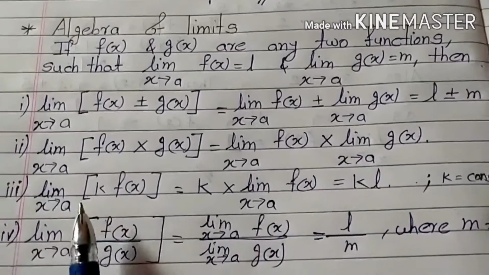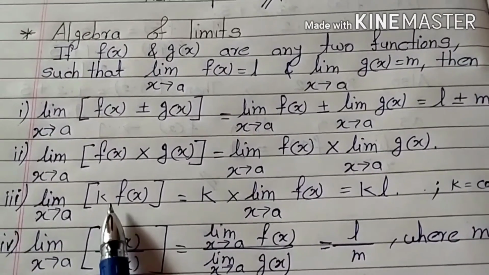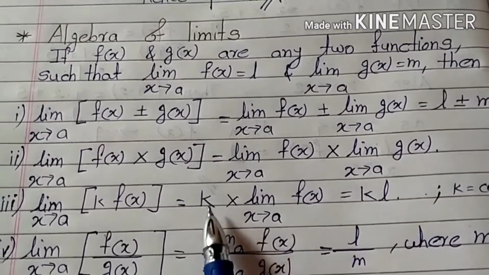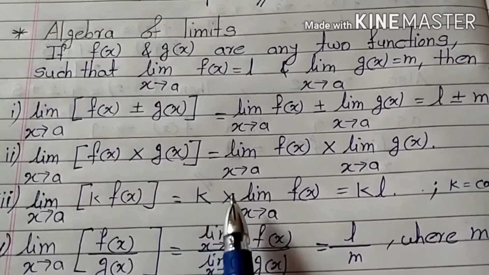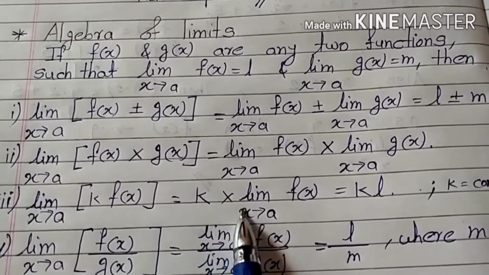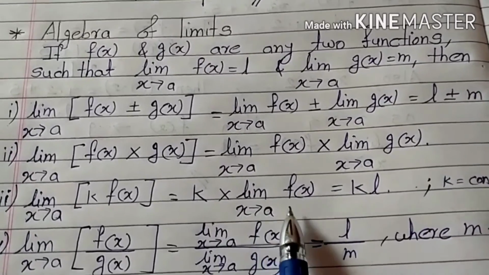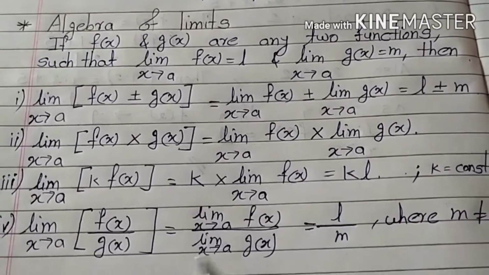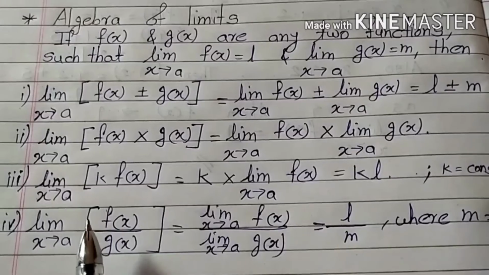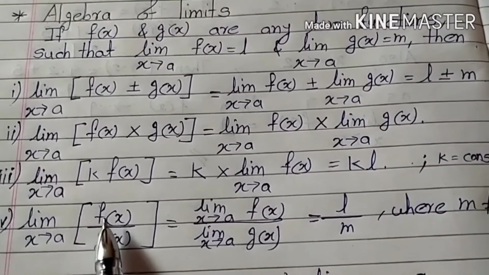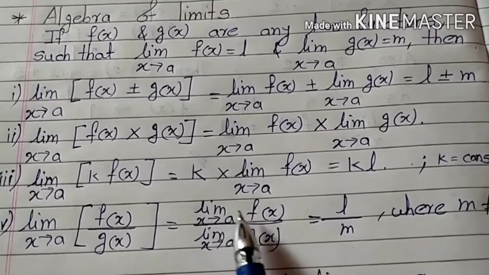Observe. Third, if k is a constant, then apply the limit and take k constant outside from the limit. Then apply the limit, you get your value. Also the limit is separate on division.